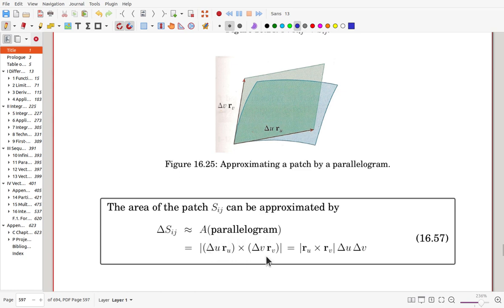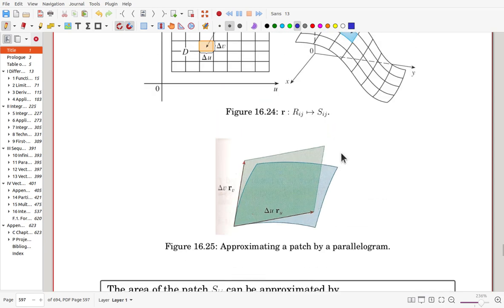So that is exactly this one. Now delta U, delta V are constant, so they can go out, and that is the magnitude of the cross product. So it can be used as a scaling factor for this transformation.